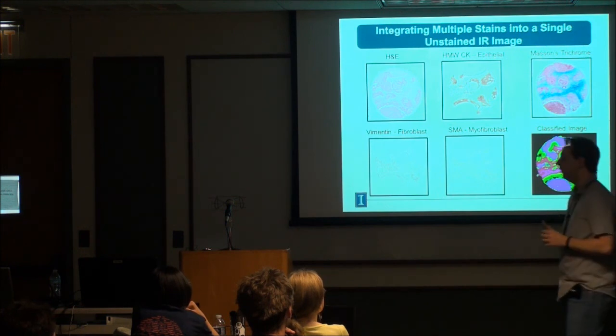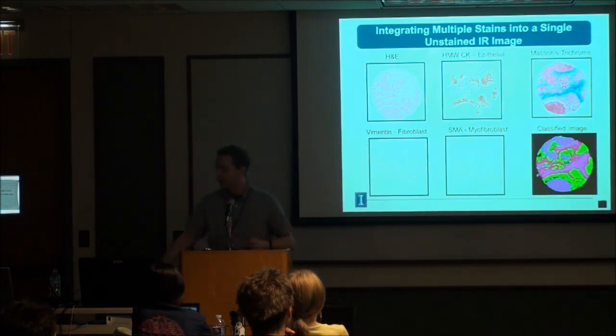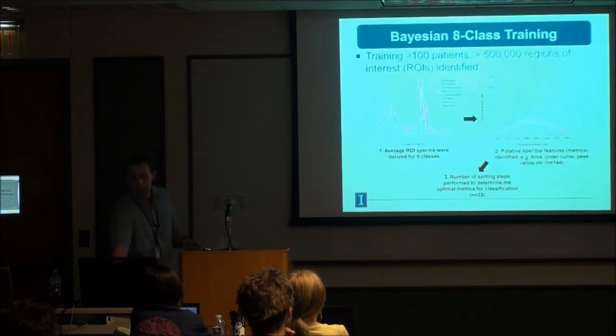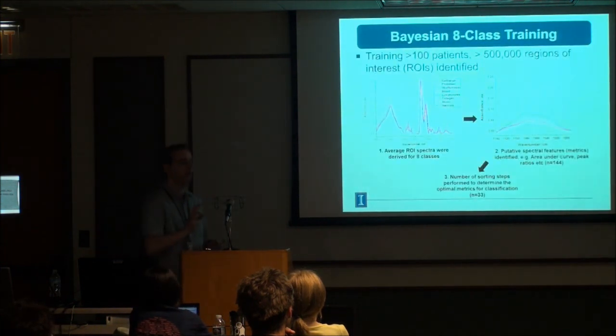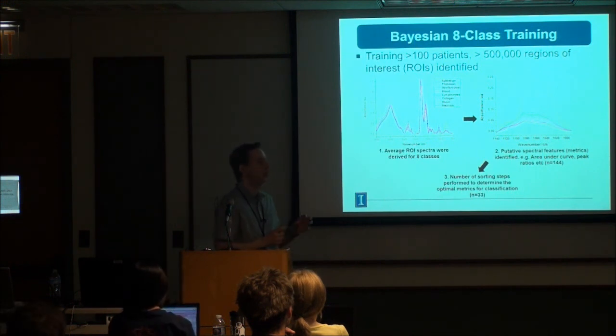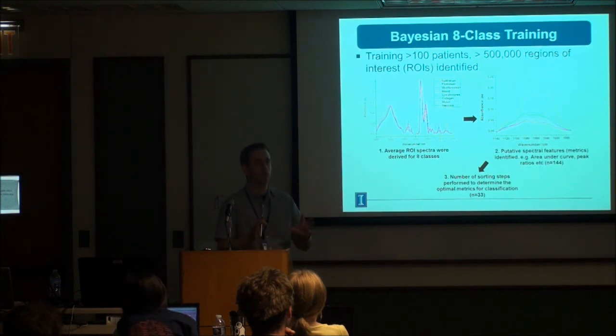The big benefit with Bayesian is that because you're picking the metrics, you know that they're biologically real. PCA, or even PLS, tends to err on the side of noise or artifacts. That's not always true, but certainly with spectroscopy it is an issue.